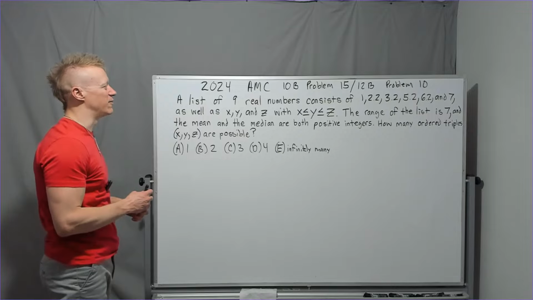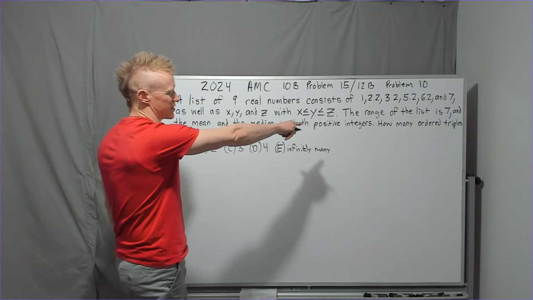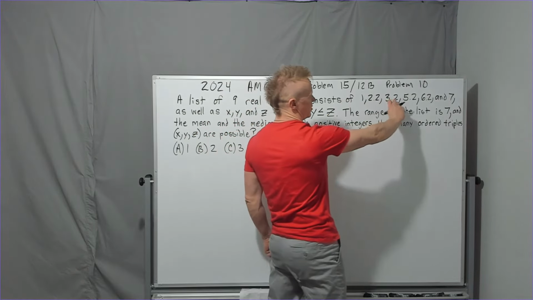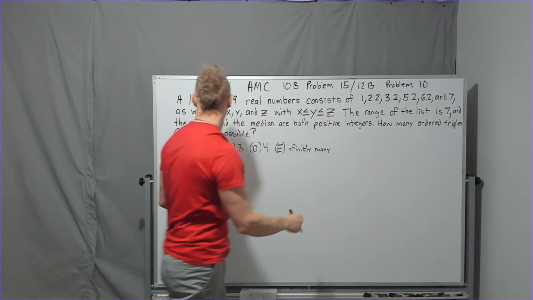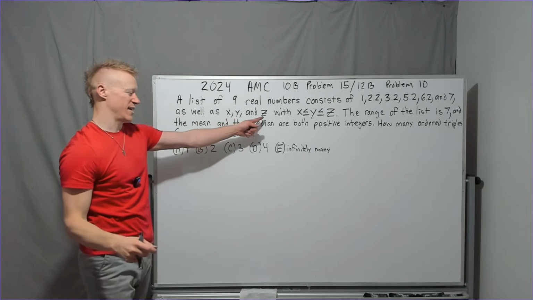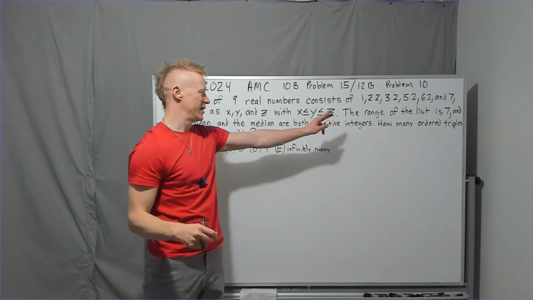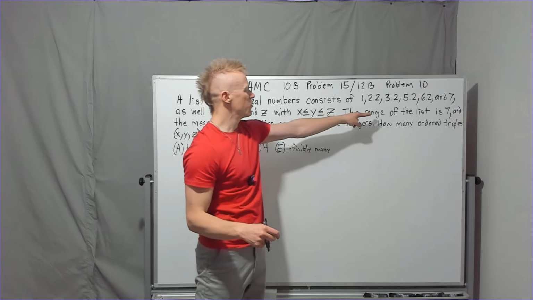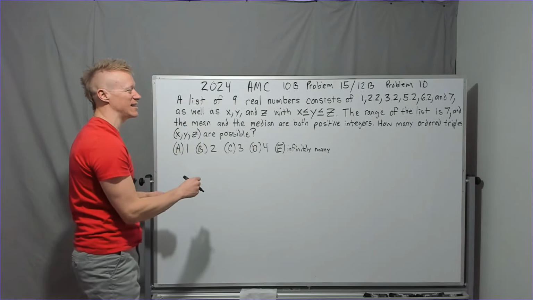So a list of 9 real numbers consists of 1, 2.2, these, count them, 1, 2, 3, 4, 5, 6 numbers, as well as x, y, and z, that's 9 total, with x less than or equal to y less than or equal to z. The range of the list, which is the difference between the greatest and the least, is 7.